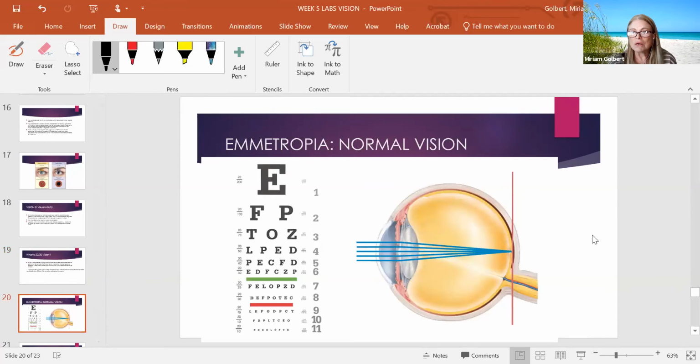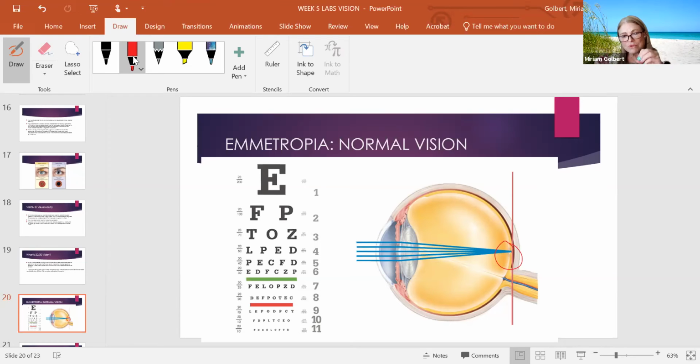All right, so normal vision, you are forming the image on the retina. So you can see here that all the rays of light are converging on the retina. Right there. So you see how all these rays of light are coming through.